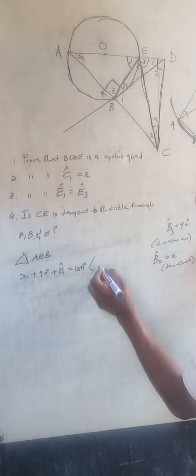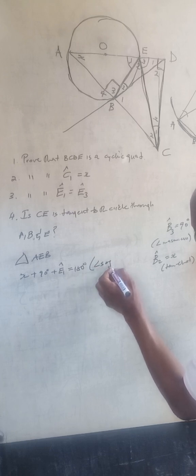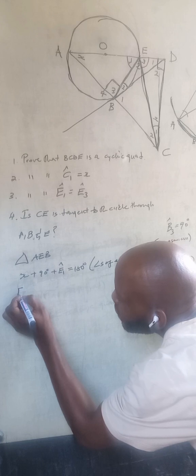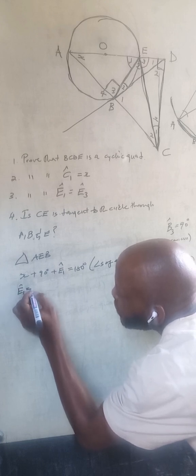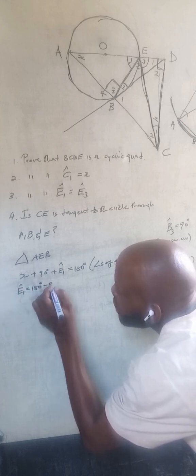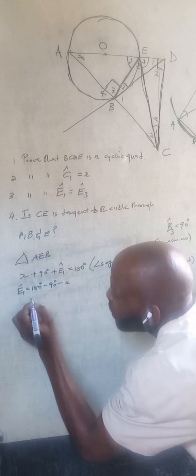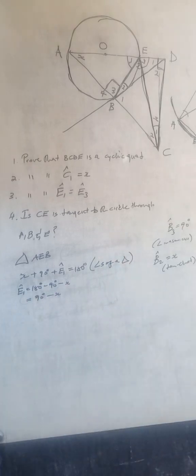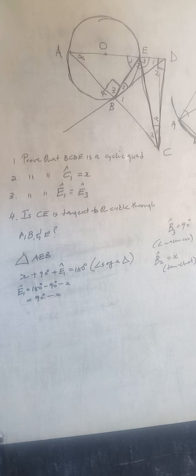The reason: angles of a triangle. Therefore, angle E1 is equal to 180 degrees minus 90 degrees minus x. So this is simply 90 degrees minus x. That is angle E1.